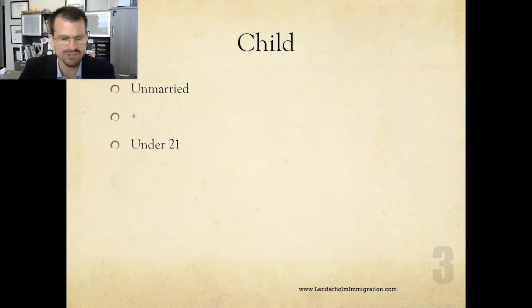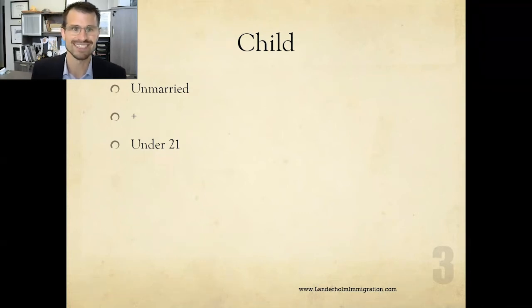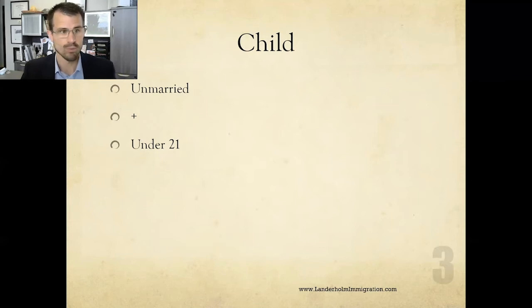So in other words, basically every relationship in immigration law is based on the relationship with the child. So, for example, the sibling relationship would be two children that have a parent in common.